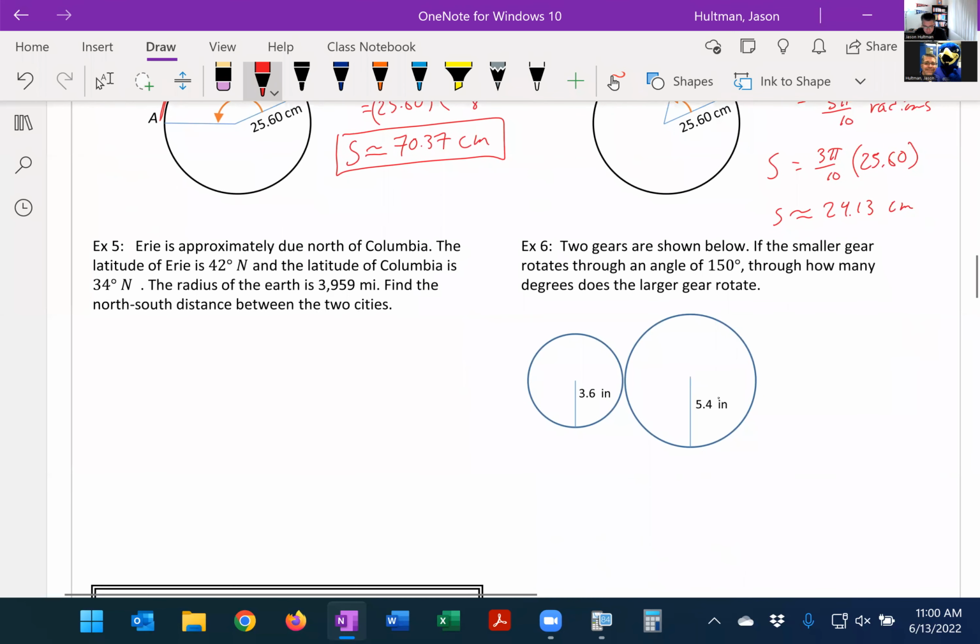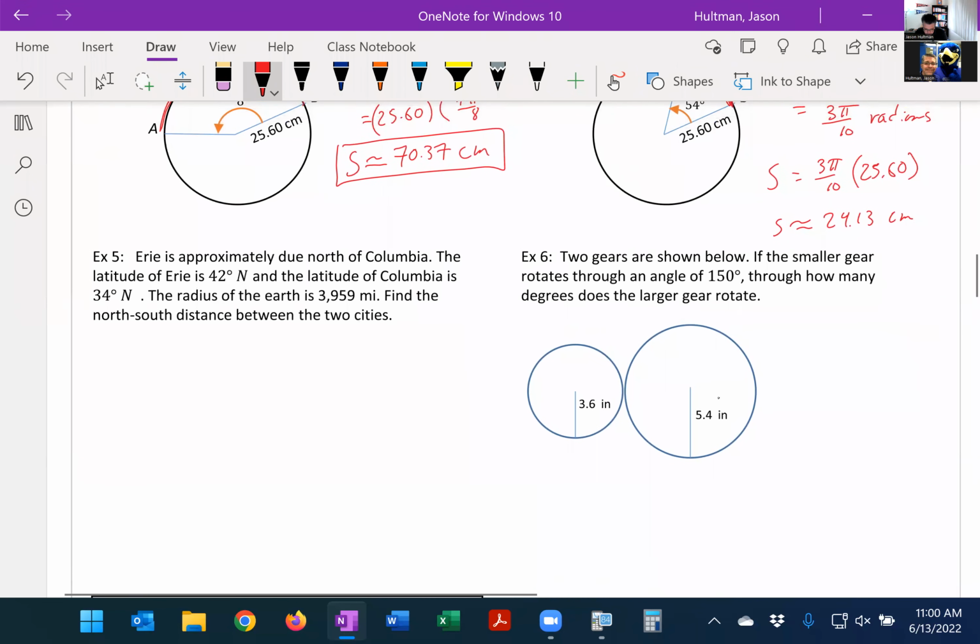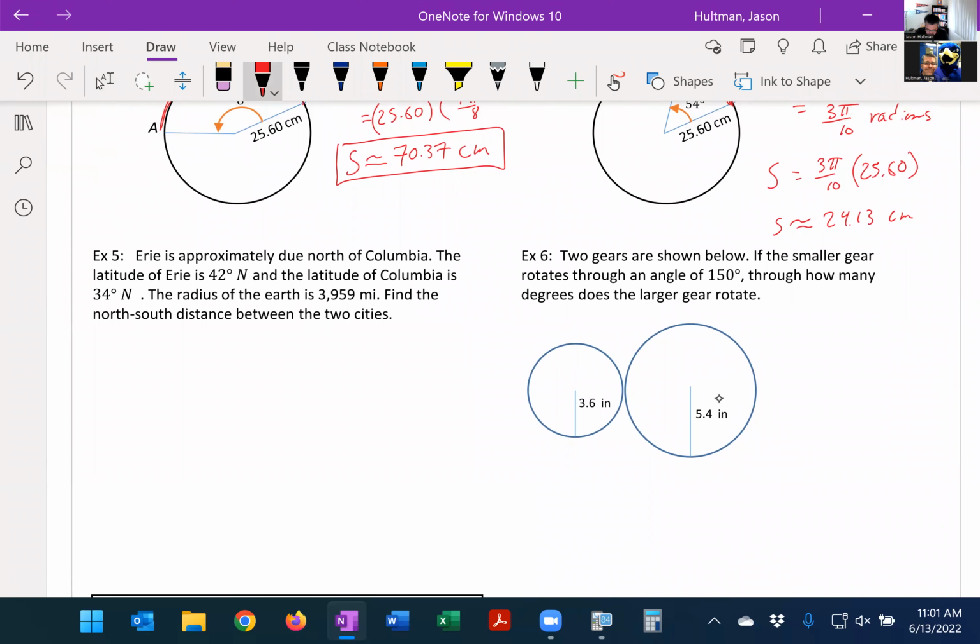Okay, example 5. Erie is approximately due north of Columbia. The latitude of Erie is 42 degrees north, and the latitude of Columbia is 34 degrees north. I looked this up, and I think it's Erie, Pennsylvania, and Columbia, South Carolina.